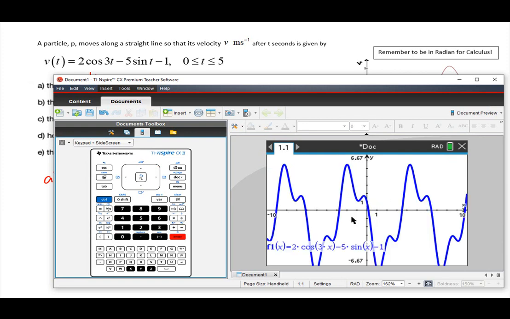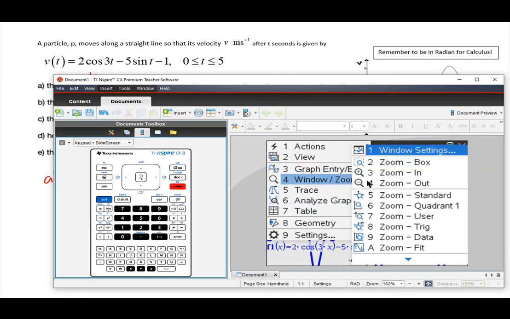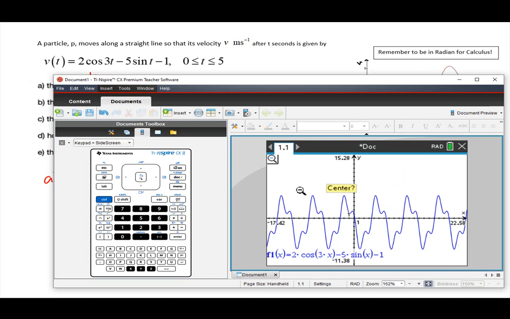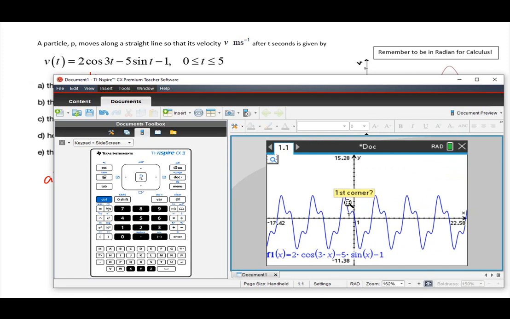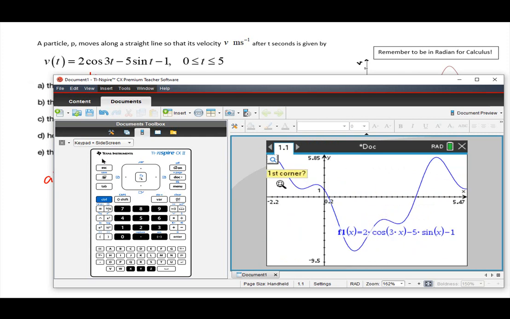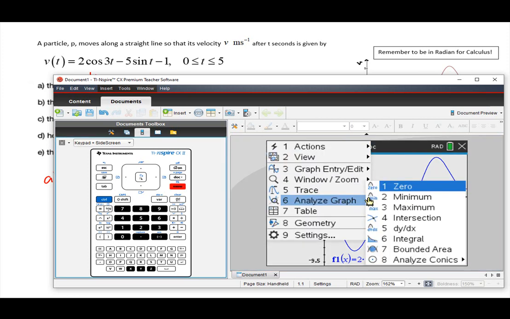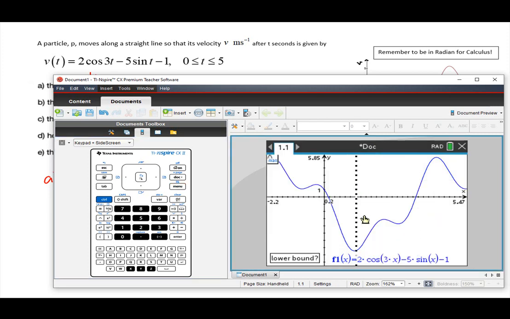Click enter, and then you want to zoom out a little bit, and I like to do a zoom box after I zoom out so that I see just what I need to see. Pretty much I need to see from 0 to 5. Here's our graph. Now I'm going to find all the key points we're probably going to need: these maximums, minimums, and x-intercepts, so I don't have to do it later.